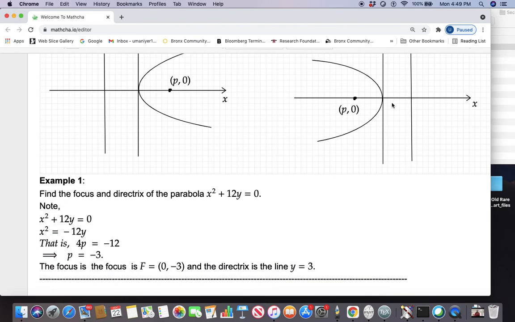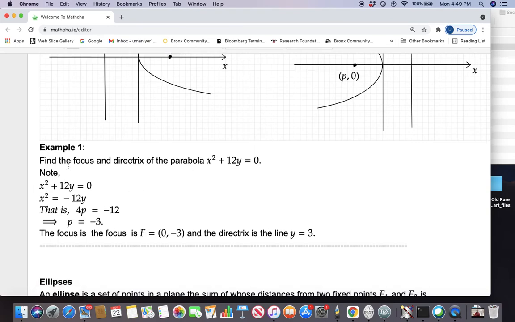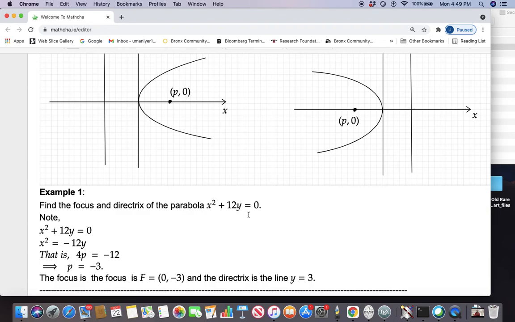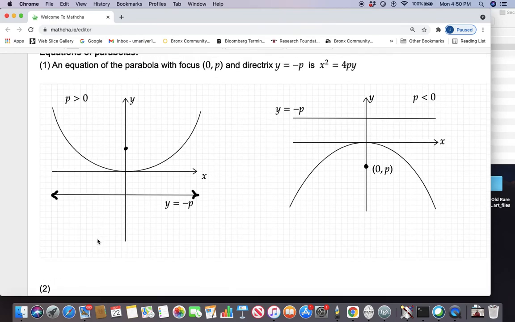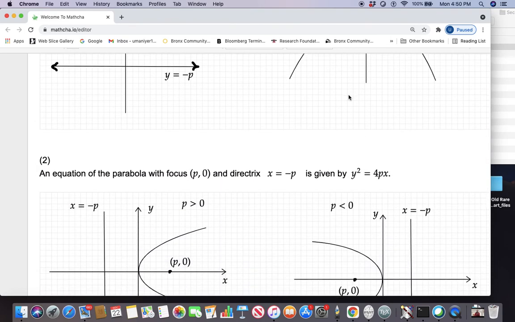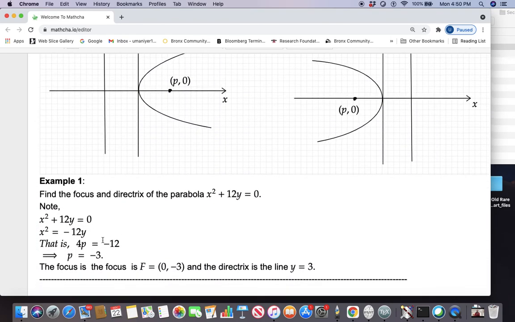Alright. So here is an example. Find the focus and directrix of the parabola x squared plus 12y equals 0. x squared plus 12y equals 0 is the same as saying x squared is negative 12y. So x squared equals 4py is the equation. In other words, 4p is negative 12. p is negative 3.